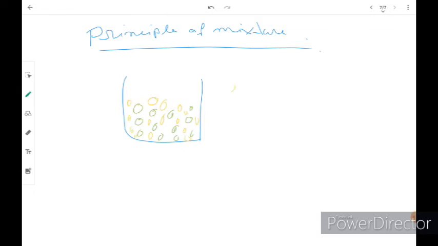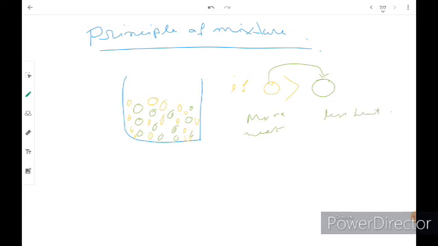If this yellow one has more heat energy compared to the green one, then heat will always flow from the yellow to the green, because this one has more heat and this one has less.